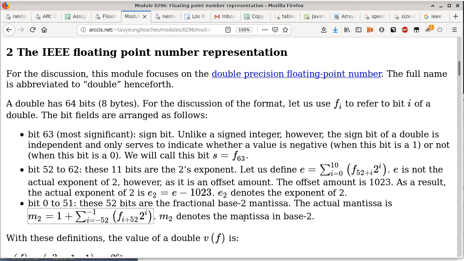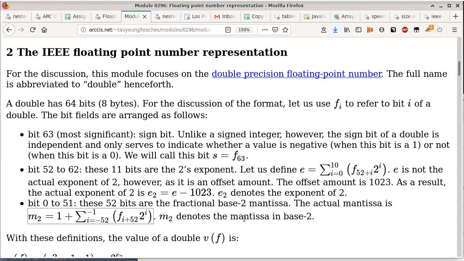What is the largest power of 2 when you look at the sigma notation? Okay, so look at the index here. So i goes from negative 52 to negative 1, and then the power of 2 is just i itself. So what is the largest power of 2 in the entire sigma term? Negative 1, which is a half, right?